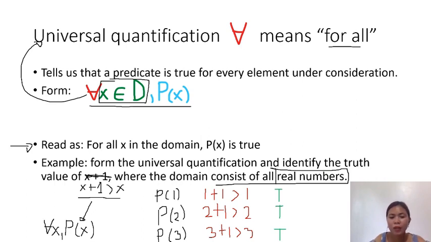And if you try pa with other real numbers, all of the truth values of each proposition that you can generate are all true. Therefore, the truth value of this universal quantification of this statement is true.